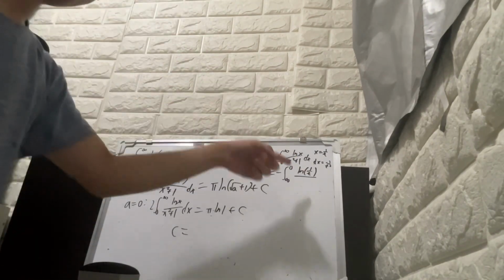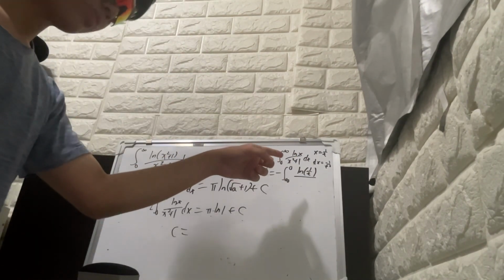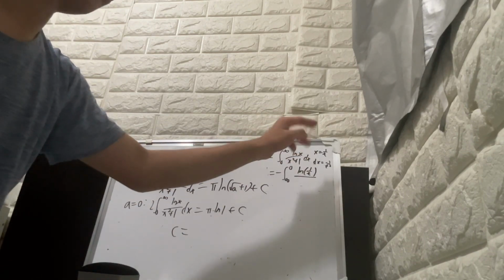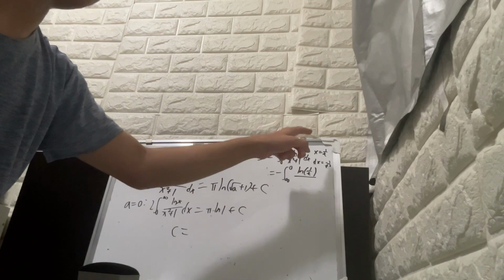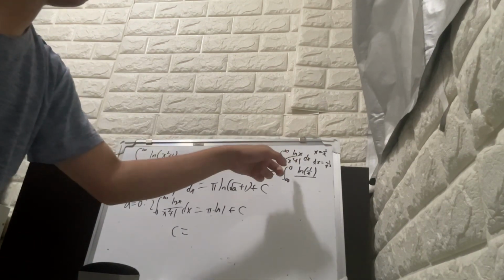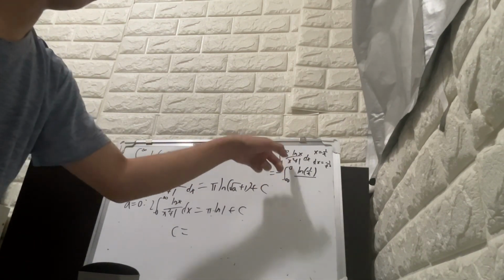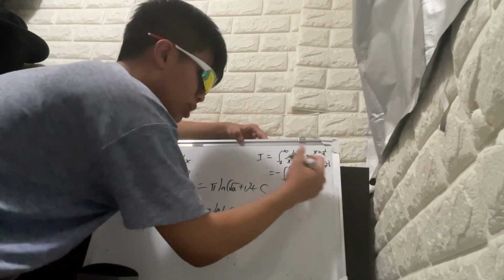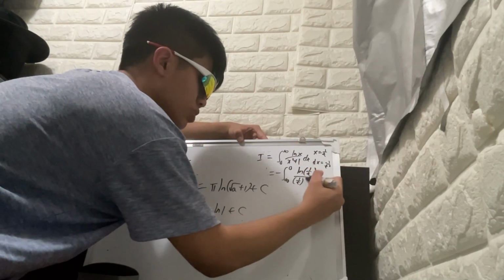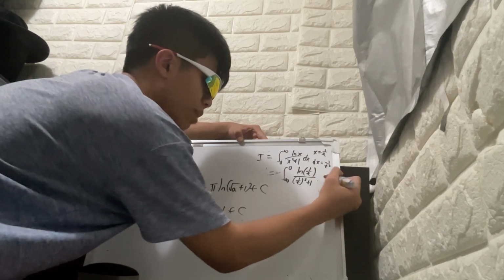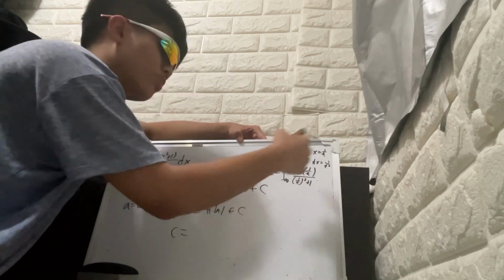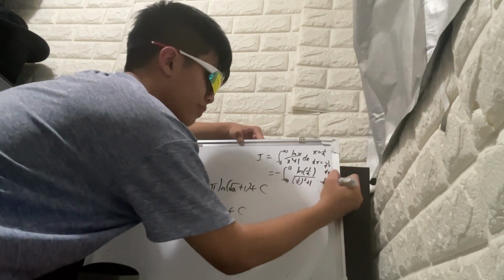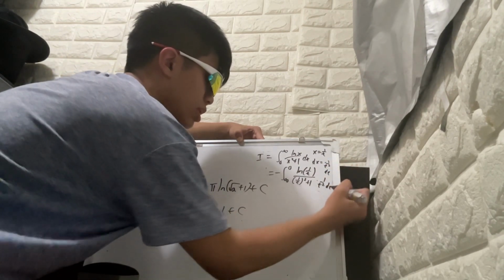So x squared plus 1 becomes 1 over t squared plus 1. We already put down a negative outside, so we forget our dt and multiply by 1 over t squared dt.